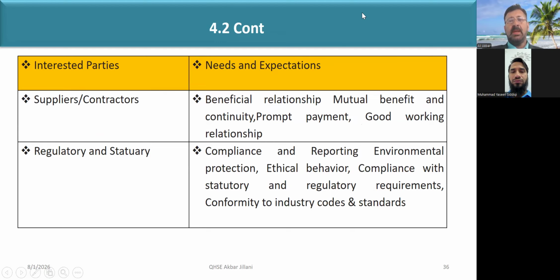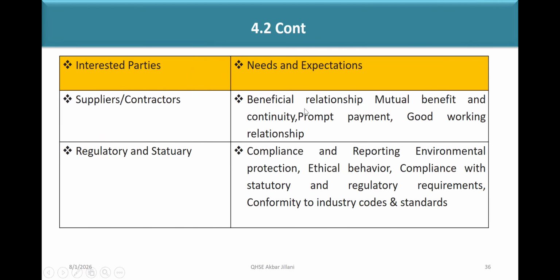So suppliers and contractors, what do they want from us? Beneficial relationship, mutual benefits and continuity, prompt payment, good working relationship. Regulatory and statutory, what do they want from us? It means the government and regulation authorities.